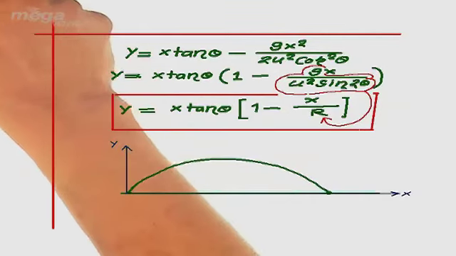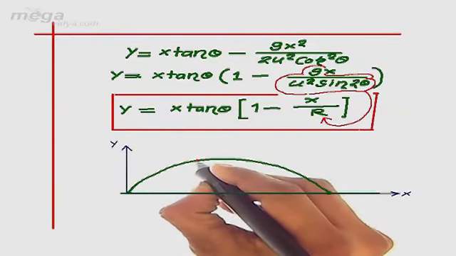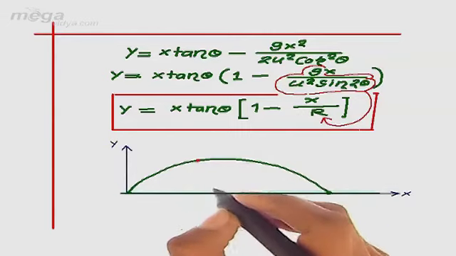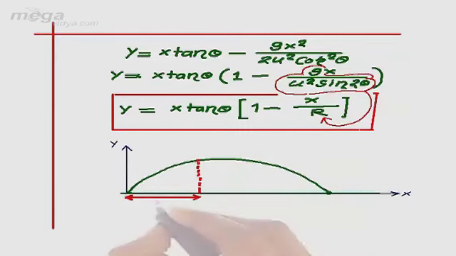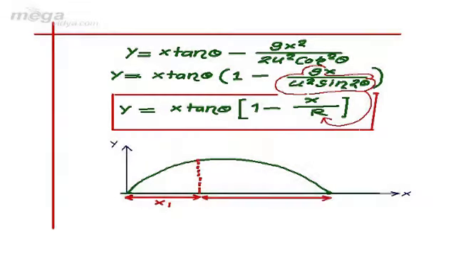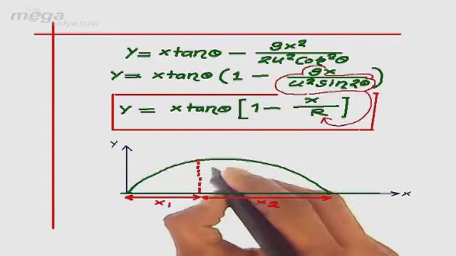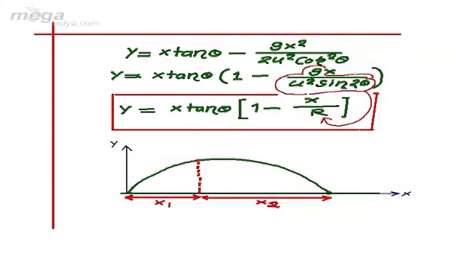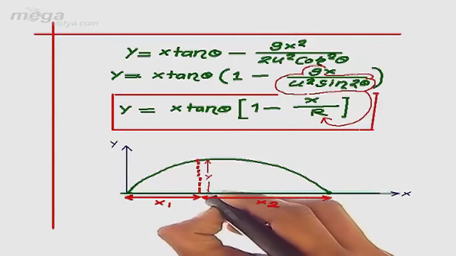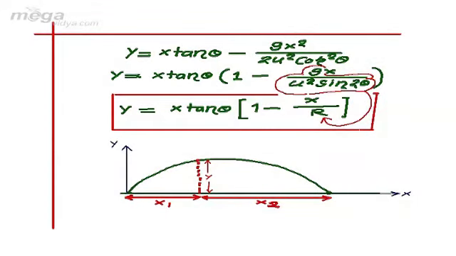If we consider any point of its trajectory, this is the x position with respect to the point of projection, and the x position of the projectile at that instant from the point of landing can be taken as say x2. This height of the projectile at this instant is y. Remember, it is not the maximum height, it is an arbitrary height at any instant t.